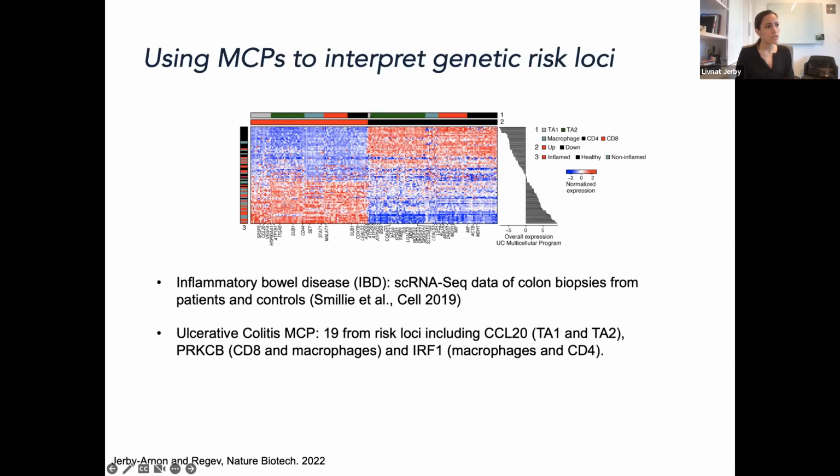One of the interesting properties of this program is that it is just as dominant both in the inflamed and non-inflamed samples that were collected from the patients compared to controls. So while it's not manifested at the clinical level in terms of the histology and the pathology, it is at the molecular level, and it allows us to distinguish between healthy individuals and those with IBD.